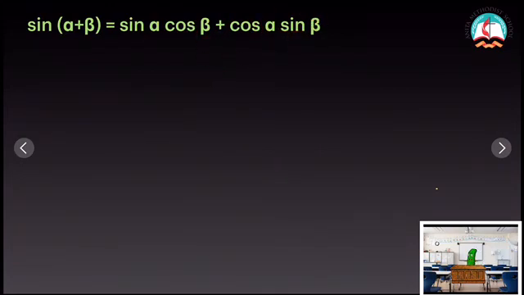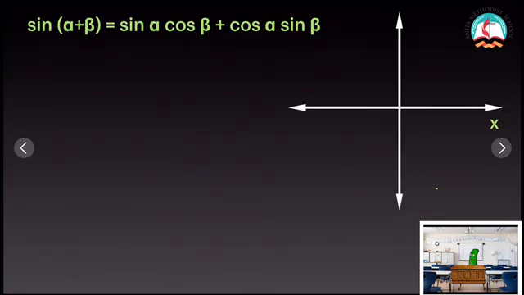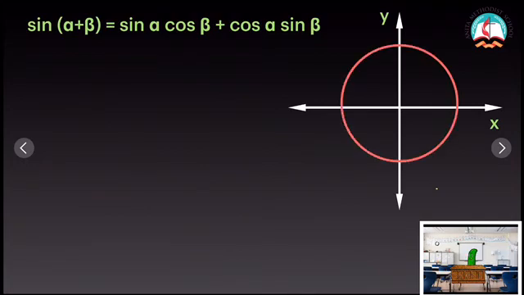Now we take the x-axis and the y-axis, in which I am going to draw the unit circle. Since the angle is alpha plus beta, I take P on the first quadrant and Q on the fourth quadrant. So P makes an angle alpha and Q makes an angle beta.